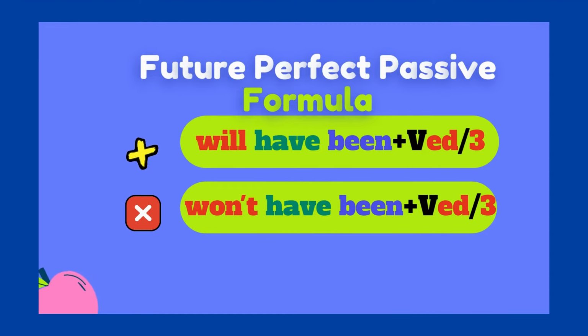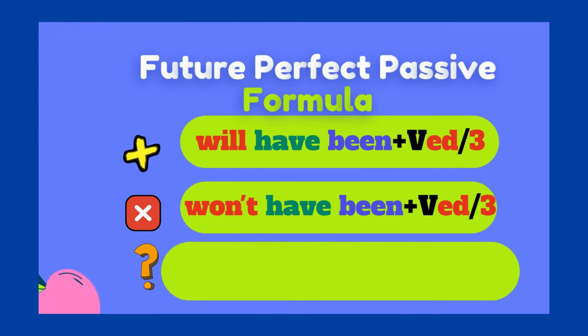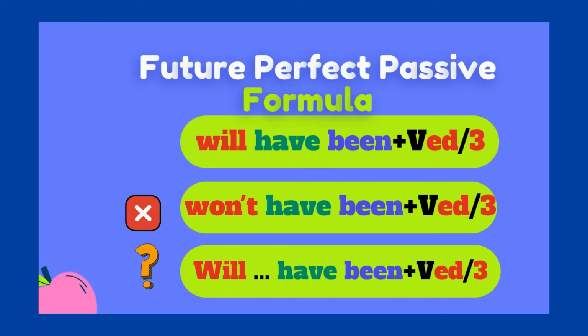In negative sentences we use won't, then have, then been, plus the verb with the ending ed or in the third form of irregular verbs. In interrogative sentences, questions, will, then subject, then have, then been, plus the verb with the ending ed or in the third form of irregular verbs.